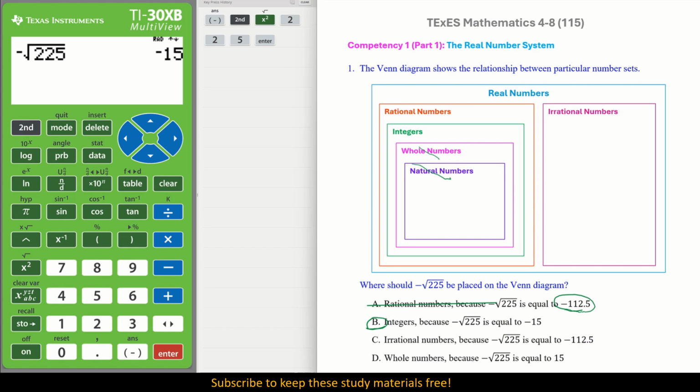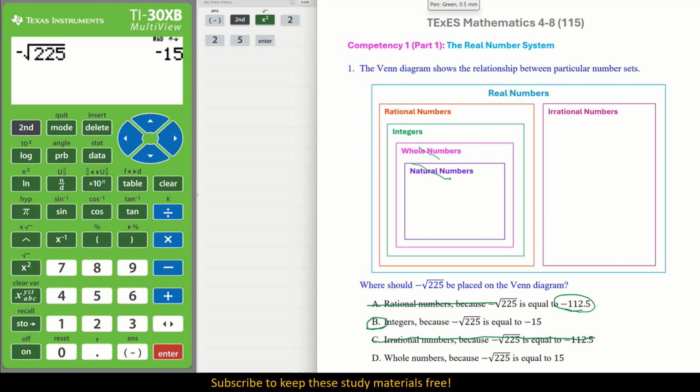In this situation, they're incorrect for a couple of reasons. One, negative 112.5 is terminating. It terminates at a half, meaning it stops. That violates the definition of an irrational number. An irrational decimal goes on continuously, and we don't know where it stops.